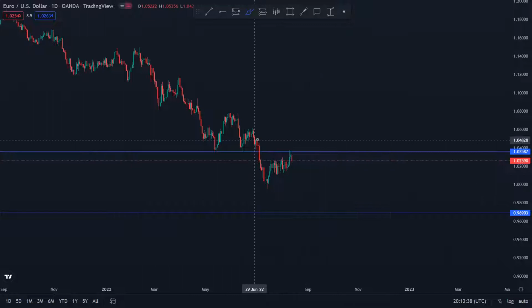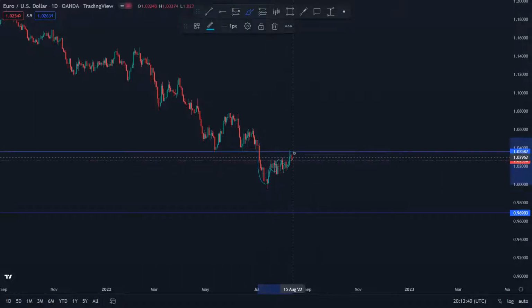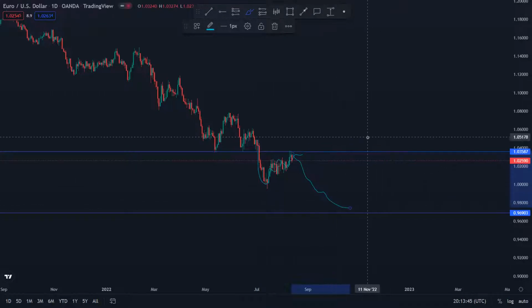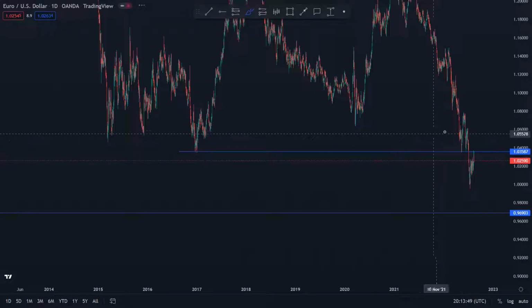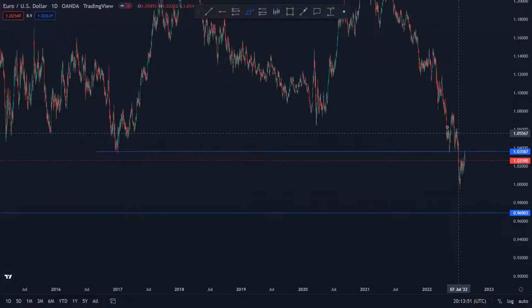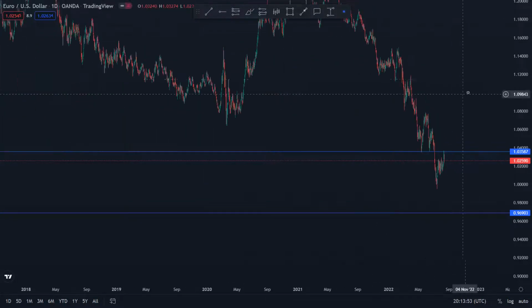After that, we see price move with momentum and move correctively to the trend line to push down. That's what we are currently seeing on the Euro and US dollar.